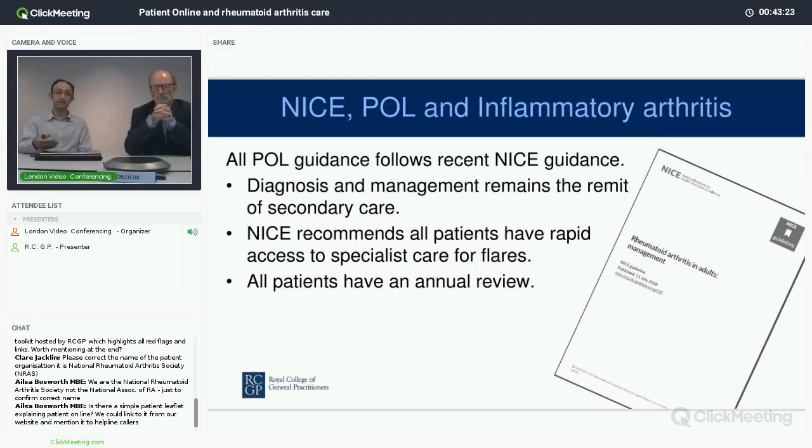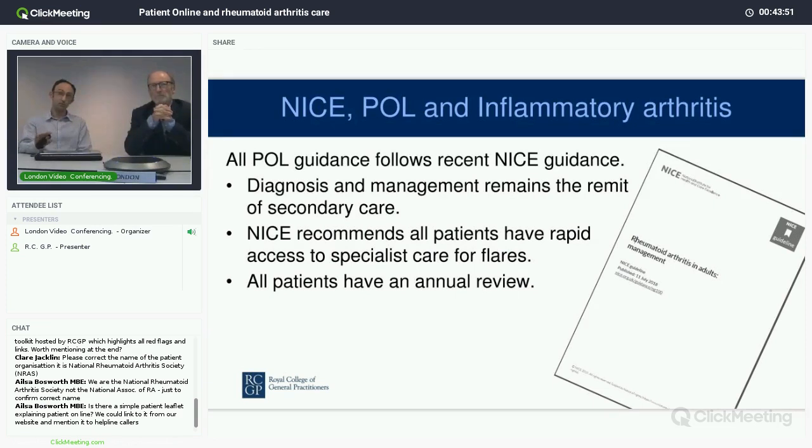In terms of management of flares, whilst we encourage patients to look at their test results, and if they think their symptoms and test results correlate with a flare, we can recommend that they use it in that respect. But the recommendation is still that they contact their secondary care or specialist care team with regards to flares, and that's in line with NICE guidelines.